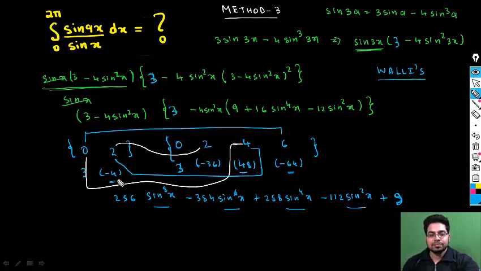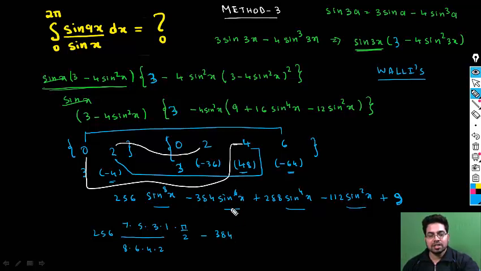That means if 8, here what we are going to write is 8 minus 1, 7, minus 2, 5, minus 2, 3 into 1 into pi by 2, and in denominator here it is 8, so we will write 8 as it is, 8, 6, 4, 2, and here it is 256.